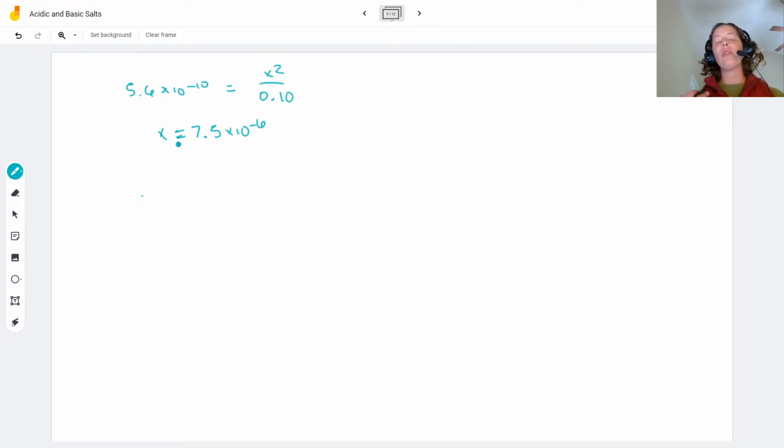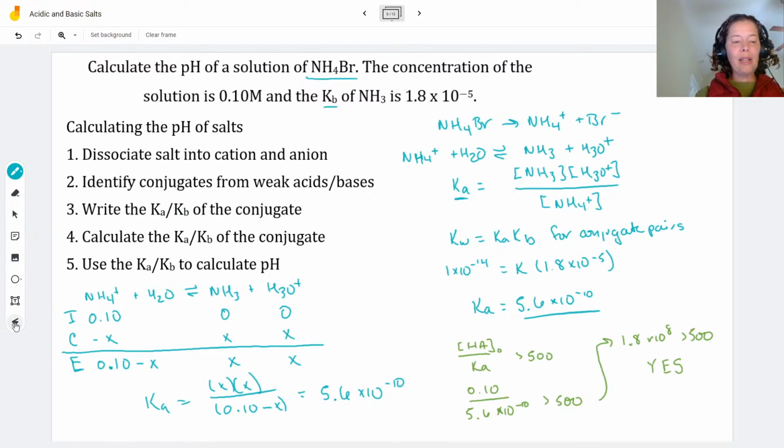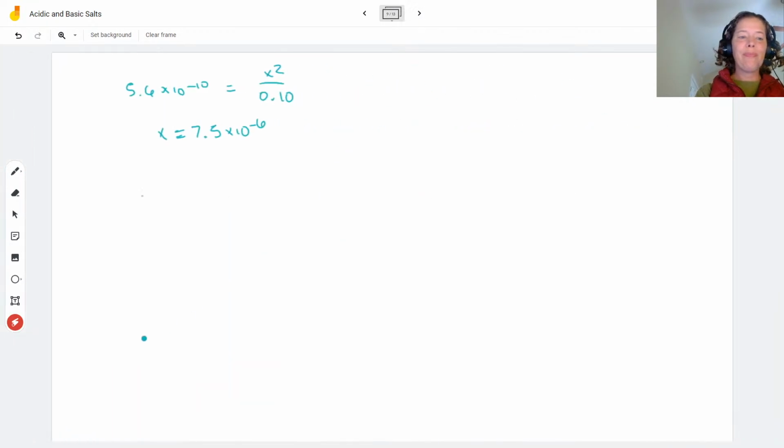But just like when you're doing any equilibrium problem, you're working through a lot of math, it's easy to forget what x is, what x means. So go back to your ICE table. Remember, x was your change. And in your equilibrium row, notice what x is. It's your concentration of hydronium ion. So this equals my concentration of hydronium ion.